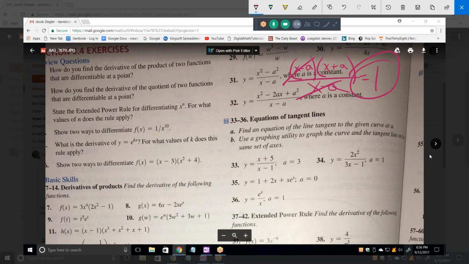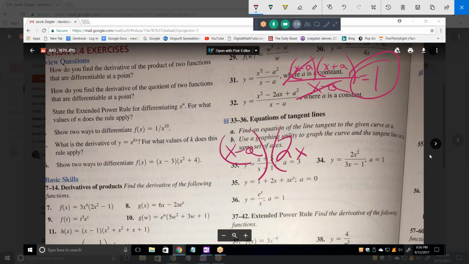Now, if we were to apply the quotient rule, and it says do it two different methods, so give me that. So, x minus a times 2x minus 2a. Just 2x. Remember, a is a constant.